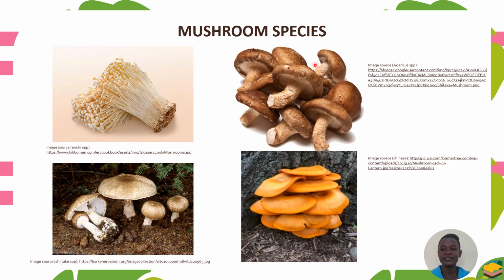This is Agaricus species. Then we have Shiitake species, and this picture is for Chinese species. So you can check that the sizes are different. Some are very thin, some are just medium, and some are very thick.